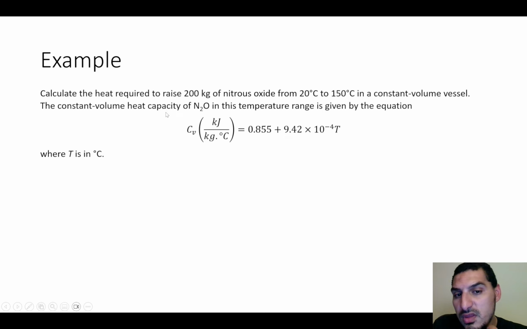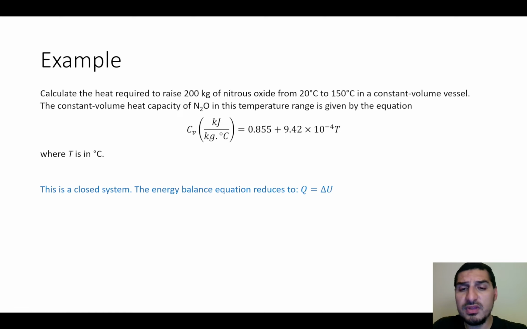That's why we deal with the internal energy here. The constant volume heat capacity of N2O is given by the equation. We're given here CV in kilojoules per kilogram Celsius, and this is the equation that we use. So we substitute here with Celsius in this equation.